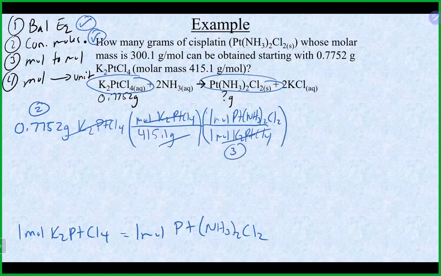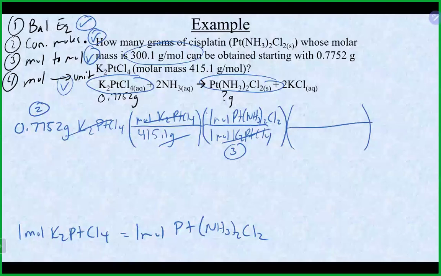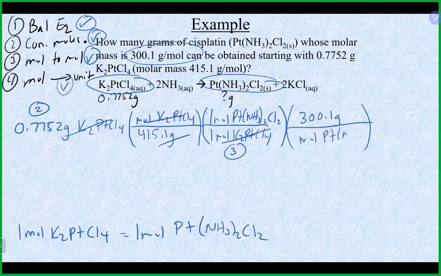Our last step here is, again, we are looking for grams, so we will do step number 4. Once again, they were nice enough to give us the molar mass. Otherwise, you would need to go to the periodic table and calculate it yourself. And we want grams up on top so that we end up with grams of our product here.